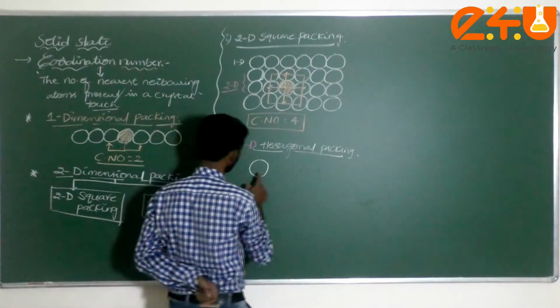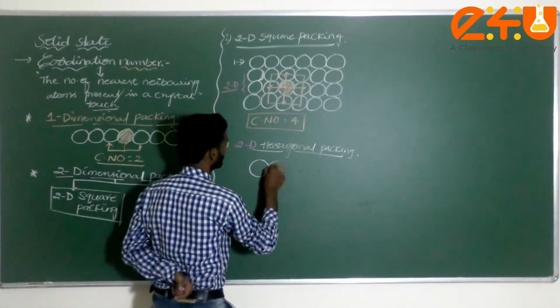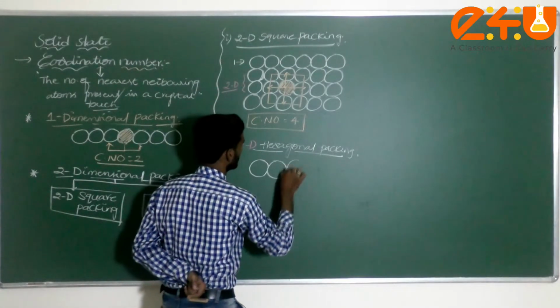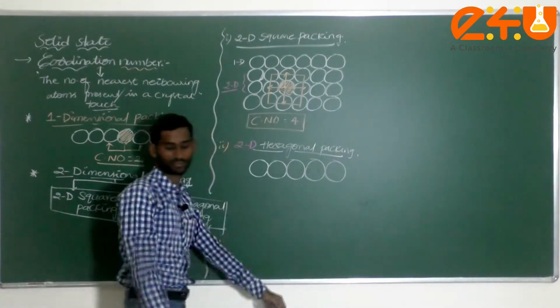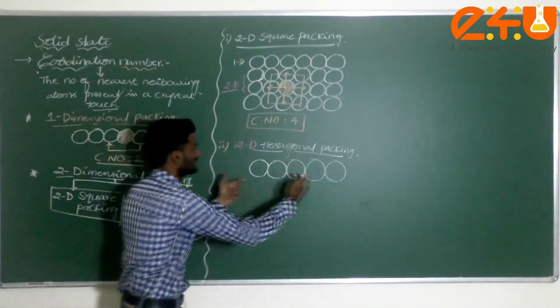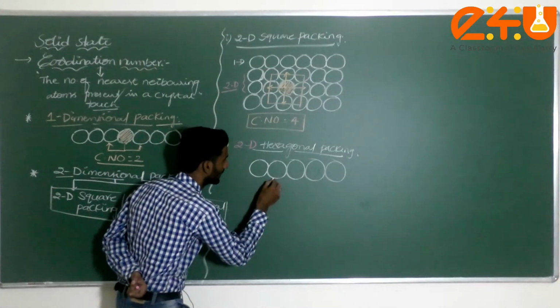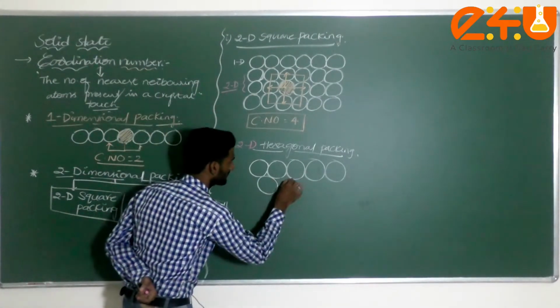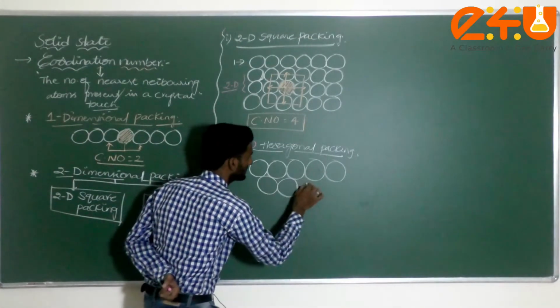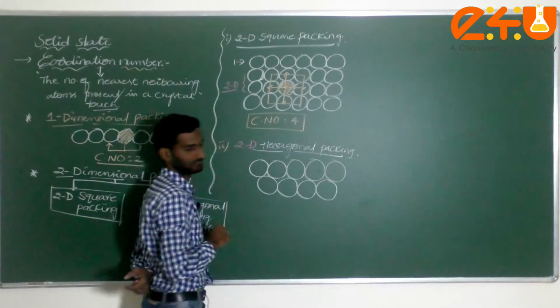Check it. These are the atoms I arranged here. Am I correct? Next, here also atoms are arranged in such a manner. Next, in between these two atoms, you have to take one atom here. Here also I am considering one atom in between these two atoms.